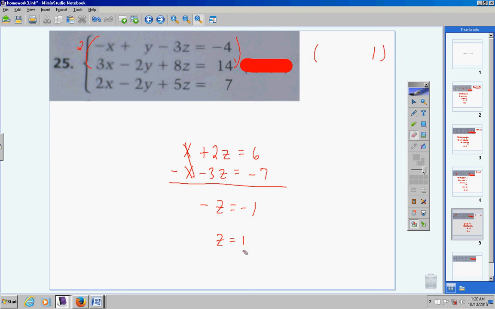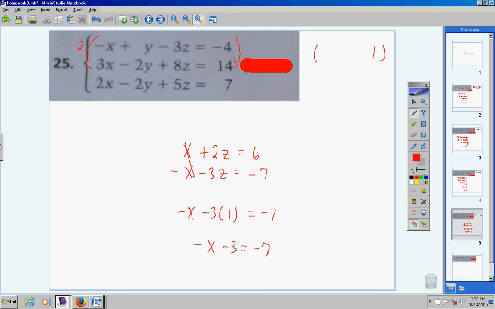Now I can take this 1 for z and substitute it into either one of these two equations. It really doesn't matter which one, okay? I'll just use the bottom one here. So -x, -3 times 1 for z equals -z. -3 times 1 is -3.